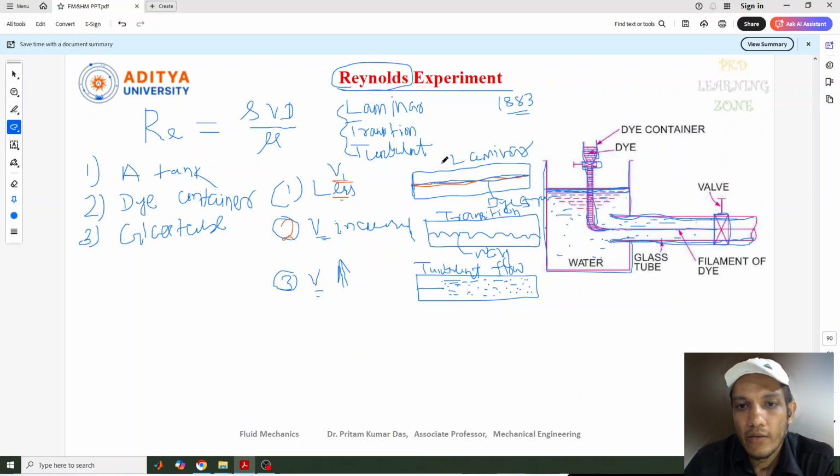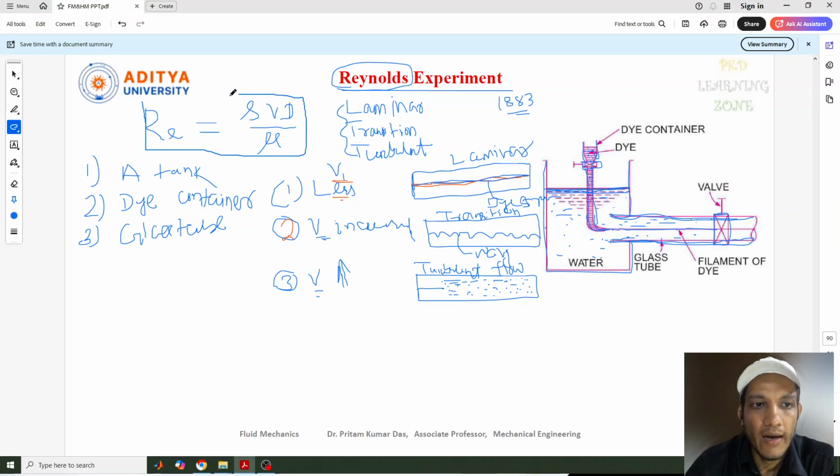Now the question is, how can we know whether the flow is laminar, transition or turbulent? As I told you, from this experiment Reynolds gave one formula: rho v d by mu.